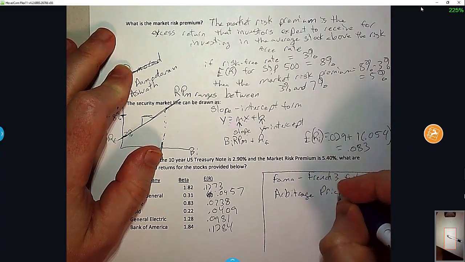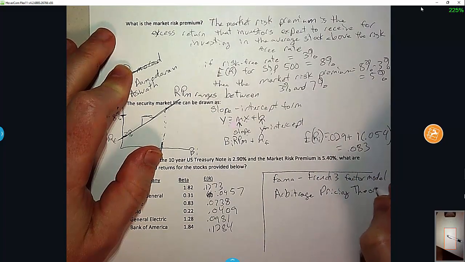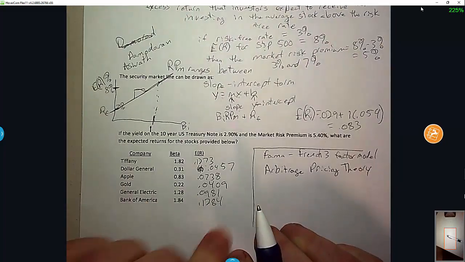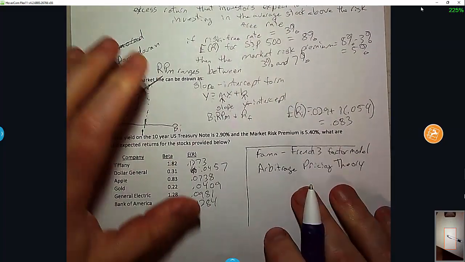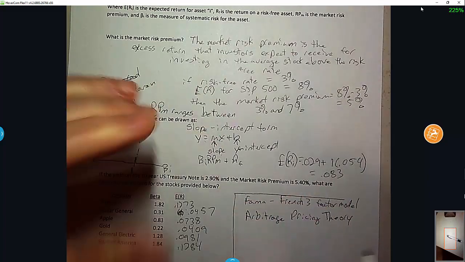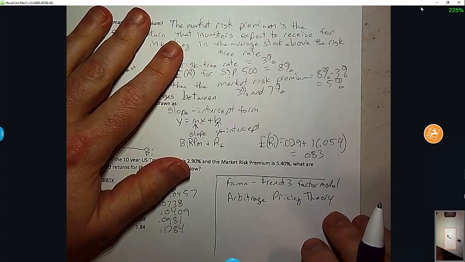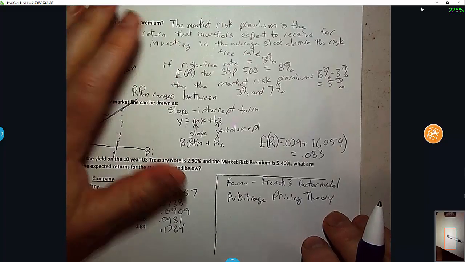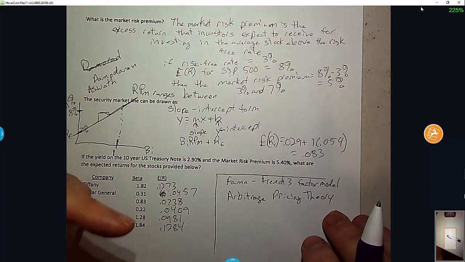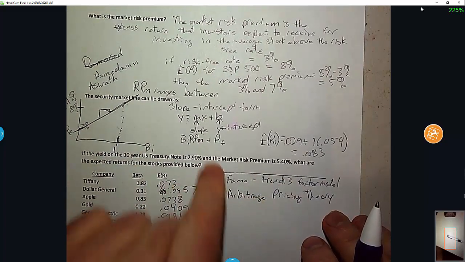Another model is called the arbitrage pricing theory, or APT. And the idea of the APT is that the only risk that matters is the market risk. So it's based on this idea that investors can diversify their investments and eliminate firm-specific risk, but they said not all market risk is equal for all firms.